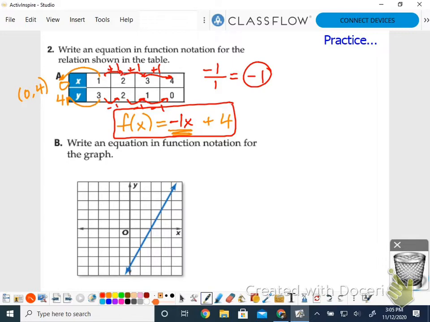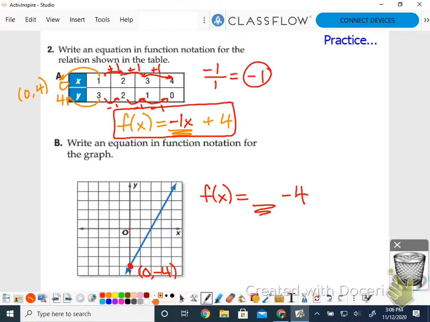And then for this one, maybe we could do it a little bit more quickly. I'm going to do f of x equals, I'll figure out this part in a second, but what should I have? I'm not going through the origin. I don't see the origin on this one. Where do we go? We're going through the y-axis here. There's our y-intercept. And that is 1, 2, 3, 4. That's 0, -4. That's 4 below the origin. So we're going to have a -4 at the end of this.